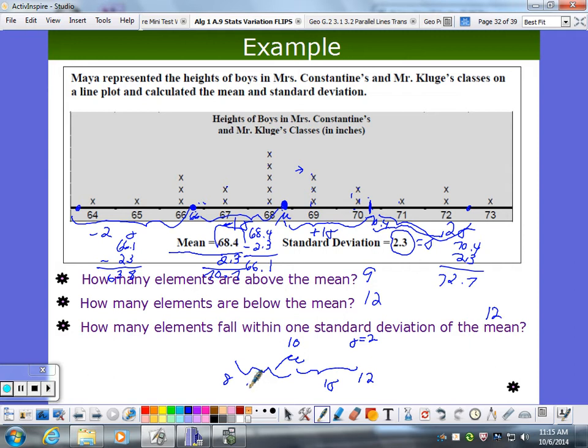Now how did I get there? I added a standard deviation and I subtracted because now I'm within 1 this way and within 1 that way. That's what we're doing. So with simpler numbers, maybe it's easier to see. Does that make sense for you? It's okay if it doesn't. You can look at it some more.